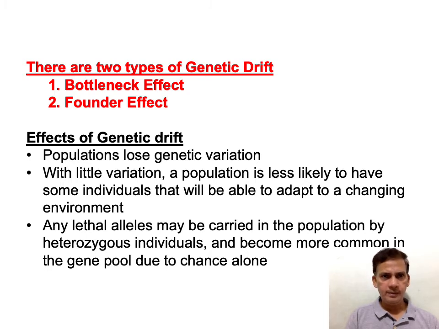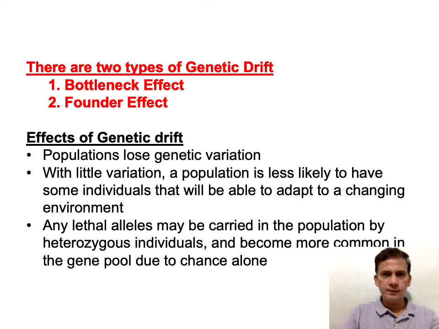So by this it means that more and more individuals are moving out of one population and mixing with another one. Now this mixing of populations will lead to a reduction of the genetic variation. Now with this little variation, a population is less likely to have some individuals that will be able to adapt to a changing environment. Let's imagine these two different populations have almost the same kind of individuals.